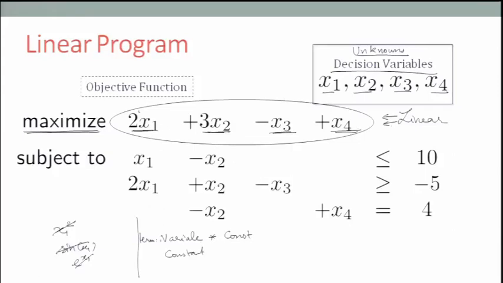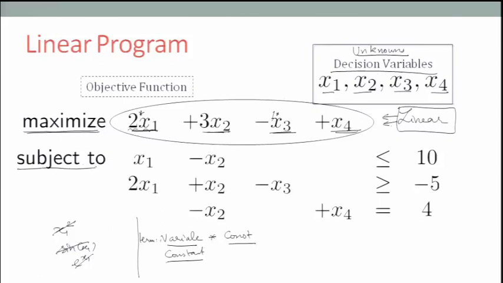Every term can just be a constant times a variable, and in this case the constant is minus 1 times x3, and you sum up some of these terms and you get a linear function. So hopefully everyone knows what a linear function is, and if you didn't know it mathematically, the definition is right here. It's a variable times a constant, or a constant, and a sum of these kinds of terms becomes a linear function. Okay, let's keep that in mind.